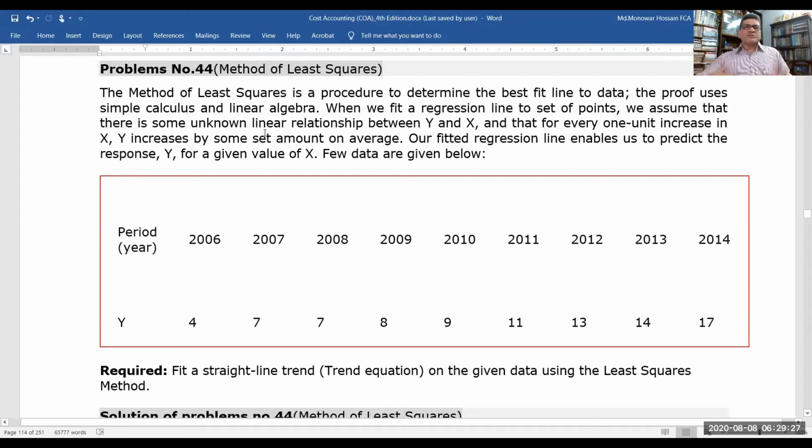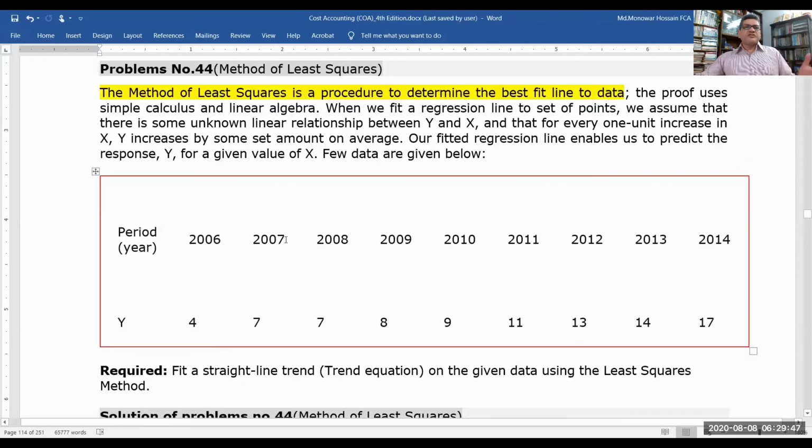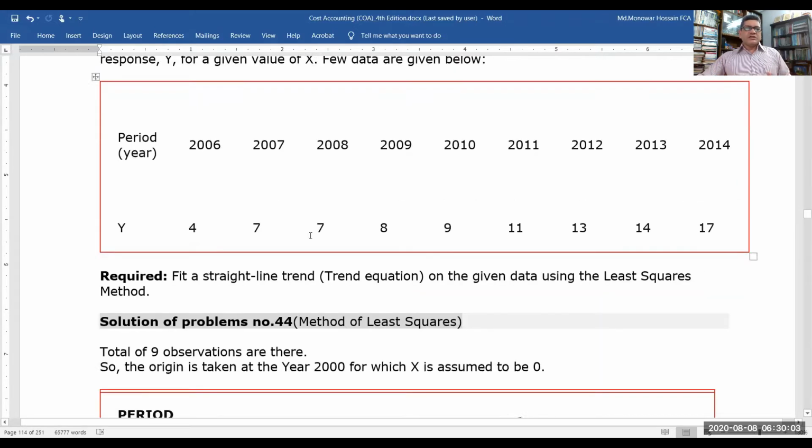We know the method of least squares is a procedure to determine the best fit line to data. The period is 2006 to 2014, and a simple calculator can be used for the linear algebra. Given this data, we have to fit a straight line trend to the data using the least squares method.